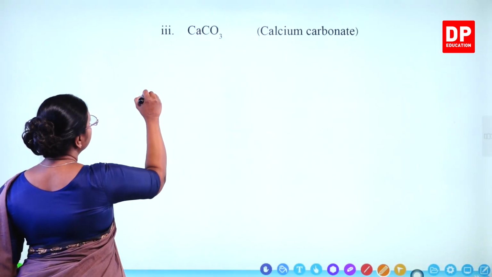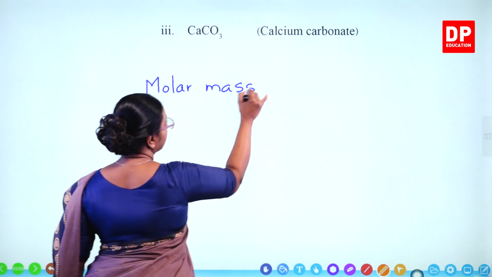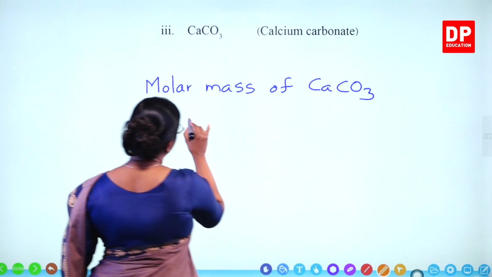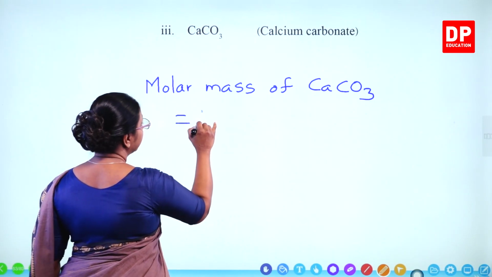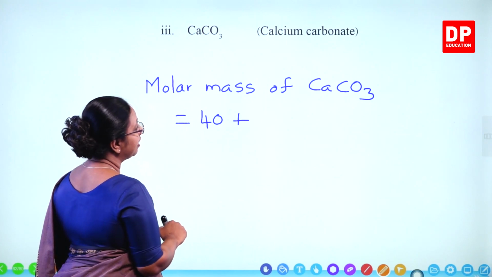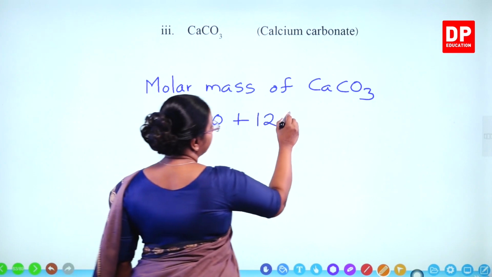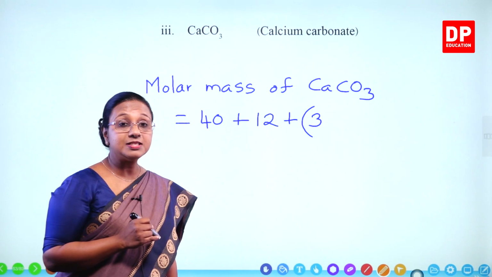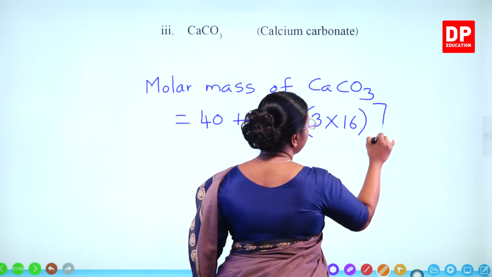So again, molar mass of calcium carbonate. What is the relative atomic mass of calcium? You can check it. It's 40. So there's only one calcium, then only one carbon. You know the relative atomic mass is 12. Then for oxygen, there are 3 oxygens. And what is the relative atomic mass? It is 16. So then what you do?